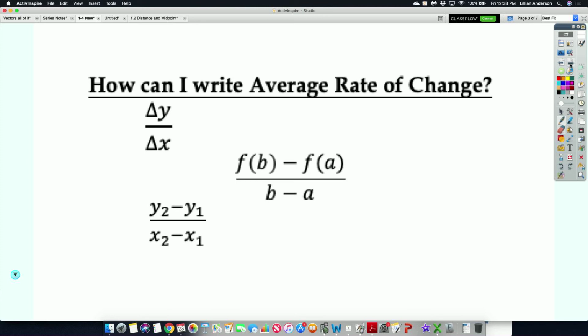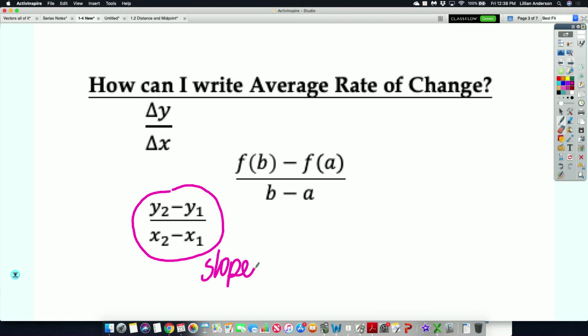You probably know this one down here the best though. What is that the formula for? Slope. That's the formula for slope between 2 points. That is what the average rate of change is. The average rate of change is the slope of a function.